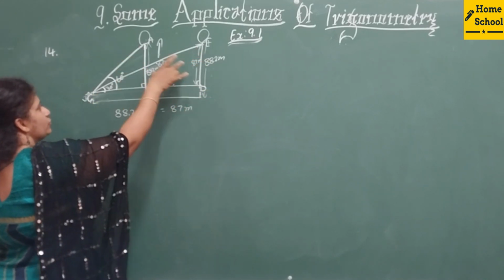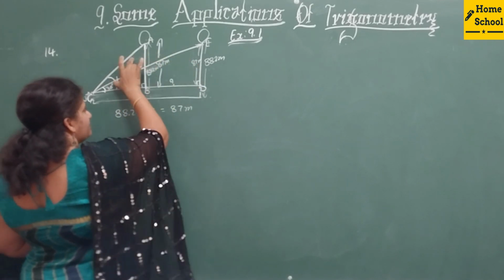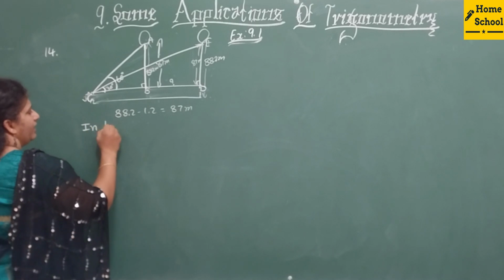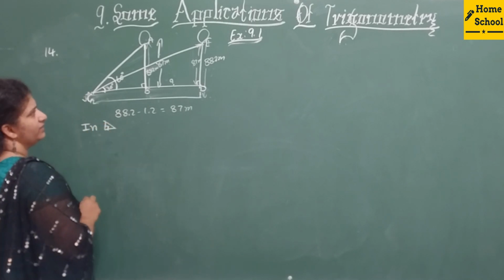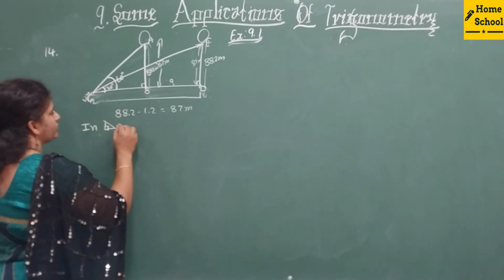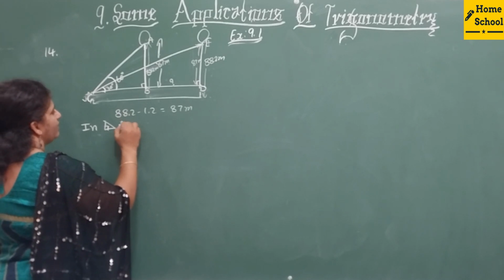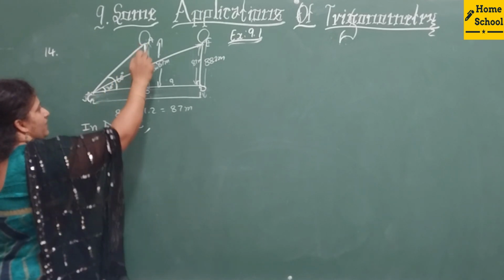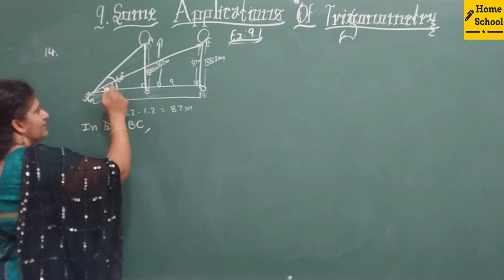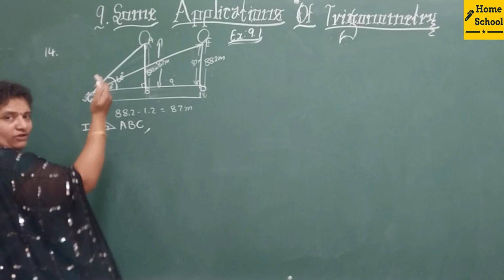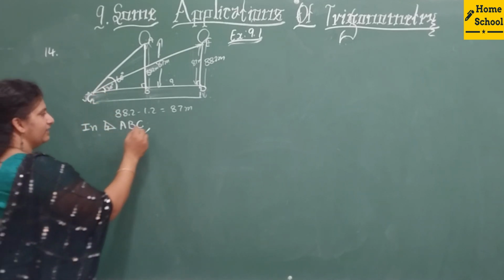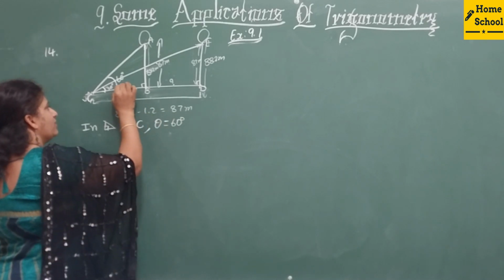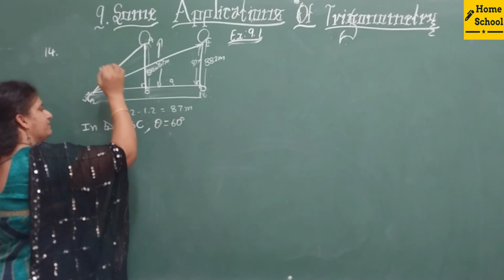Now you can see two right triangles. Observe two right triangles. Any right triangle you can choose. I'll take first ABC. What is the angle, 60 or 30? This balloon is nearer, so greater angle. That is theta is equal to 60 degree. Observe carefully.